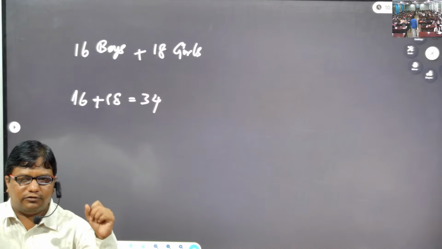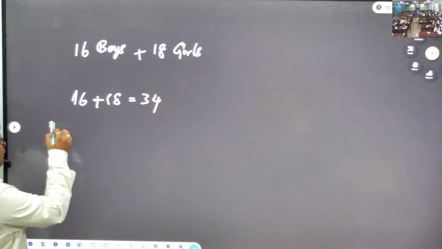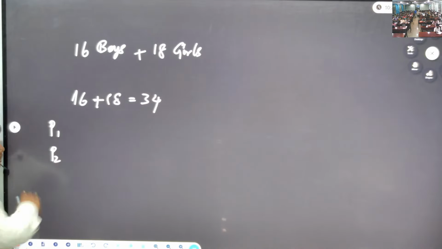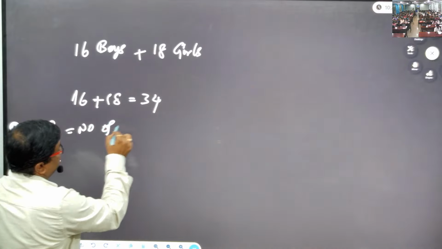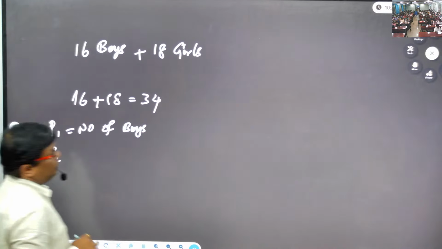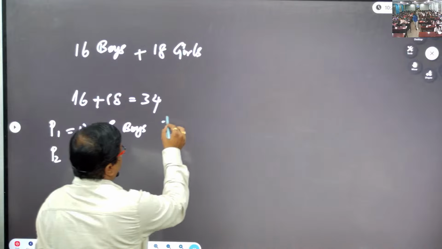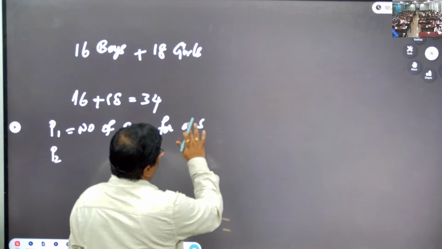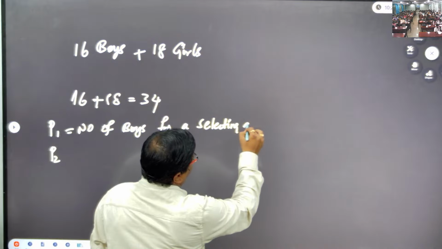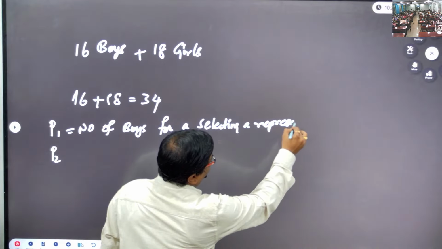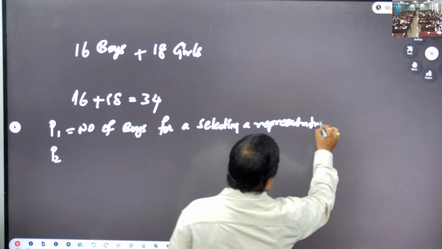Okay. So first, what will we be writing? P1. What is the representation of P1? Number of ways for selecting a representative from boys.